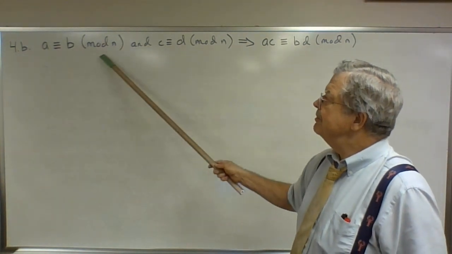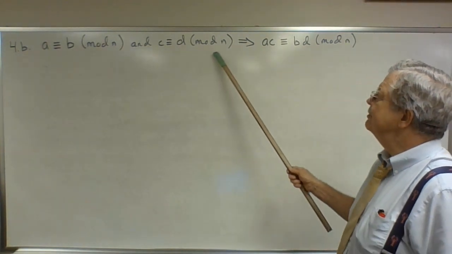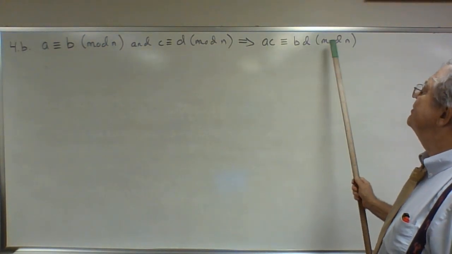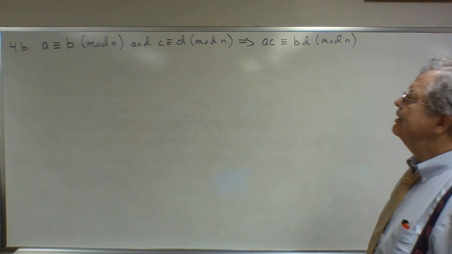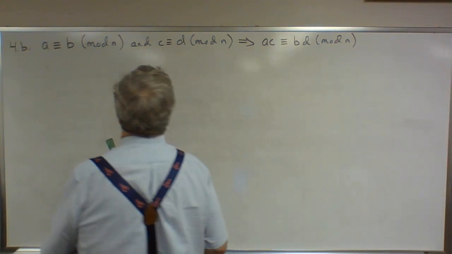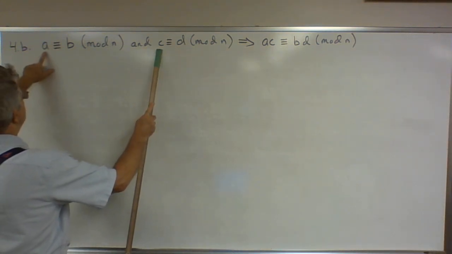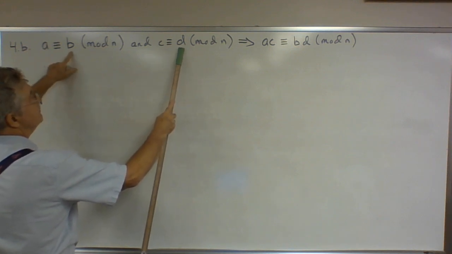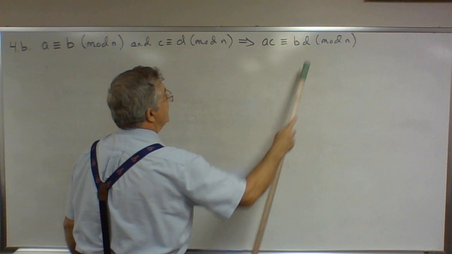A is congruent to B mod n, and C is congruent to D mod n. That AC is congruent to BD mod n. In other words, we can take two congruences and multiply the left sides and multiply the right sides, and we still have a congruence.